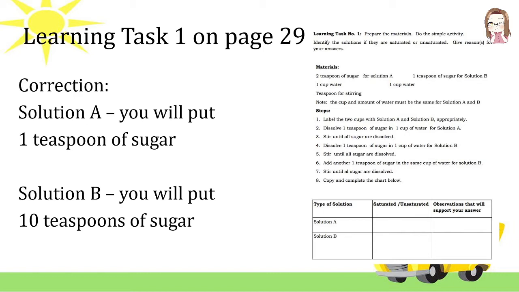Okay, then follow the instructions on learning task 1 on page 29. Ang correction lang natin dyan, ipapalitan nyo lang po yung number ng teaspoons or amount of sugar na ilalagay nyo sa solution B. Okay, then answer the table, the data table in the module.